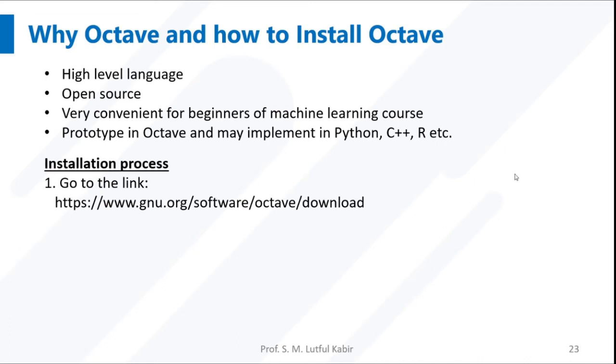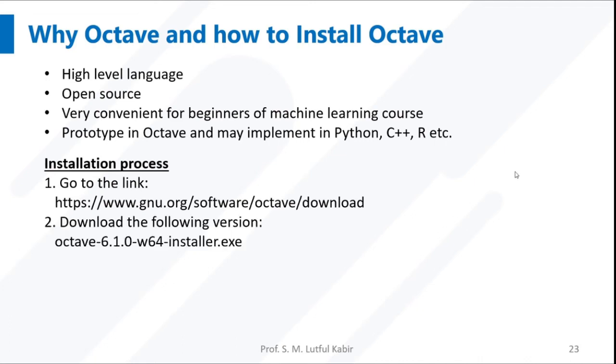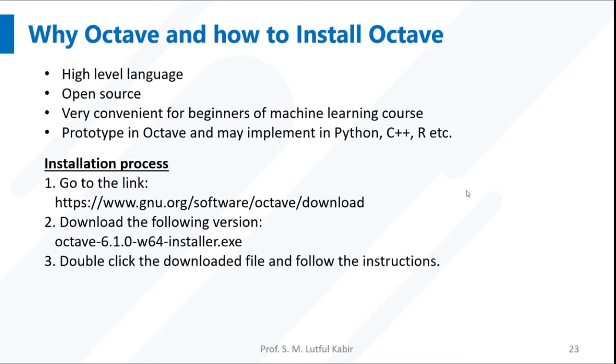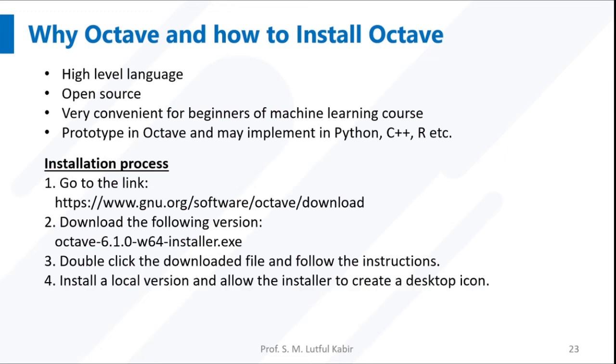So go to this link and then download the following version of the Octave executable file, and then double click the downloaded file and follow the instructions, and install a local version, not a network version, and allow the installer to create a desktop icon.